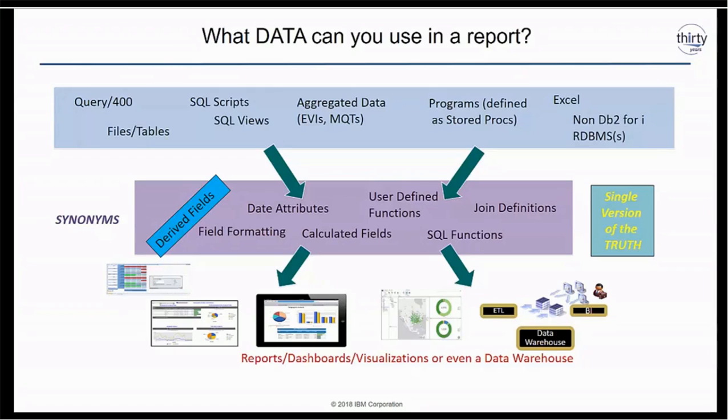So that middle layer there are not just the representation of those data sources, but also enhancements that allow me to do things like create virtual or calculated or derived fields, like being able to add date attributes like quarter, month, year, today minus 30, is this in the fiscal period?